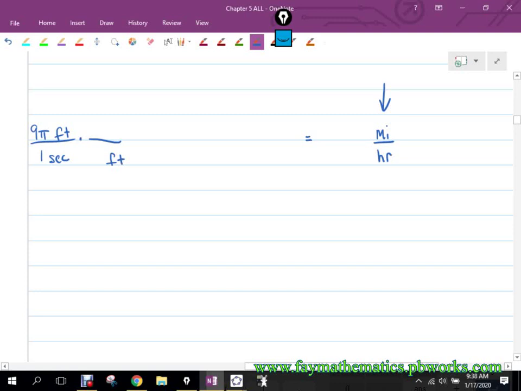So I know it's got to be on the bottom, right? That's how they cancel. And now I ask myself, is there a relationship between those feet and the mile that I want to get to? Yes. 1 mile is 5,280 feet, right? In that case, the feet are going to cancel out. I'm left with only miles up top. So I'm done canceling that distance unit. I've got seconds on the bottom, right? I want to get that canceled. Does anybody know how many seconds are in an hour?